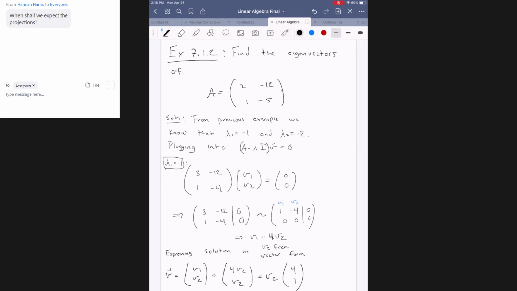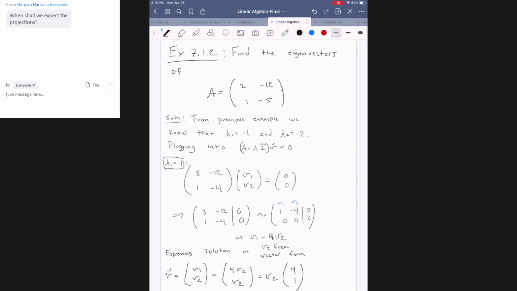If you were to see videos on how people compute this, they usually just pick v2 to be 1 and then you get (4, 1). Or you could have picked it to be 2 and you get (8, 2) as well. That'll give you the eigenvector too.